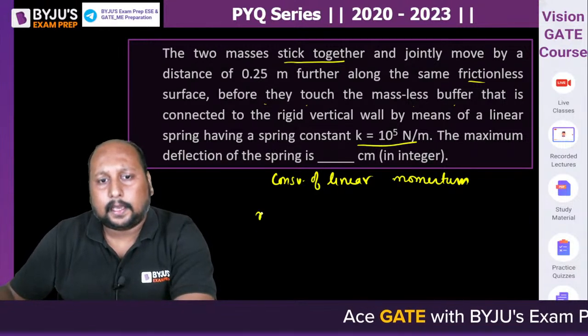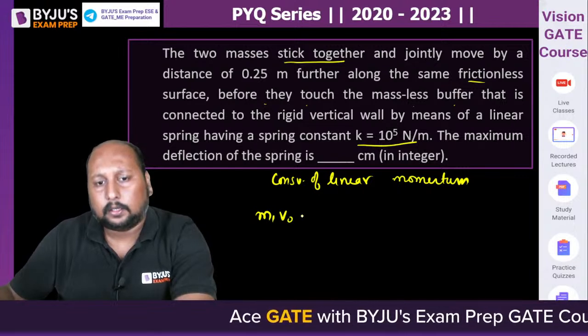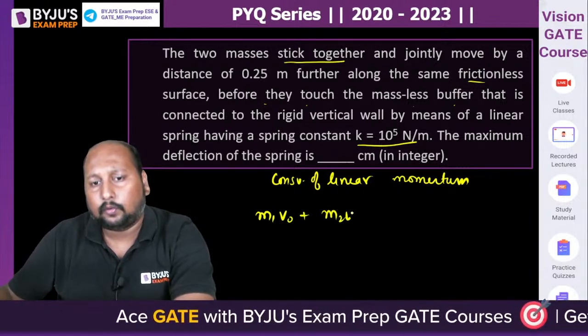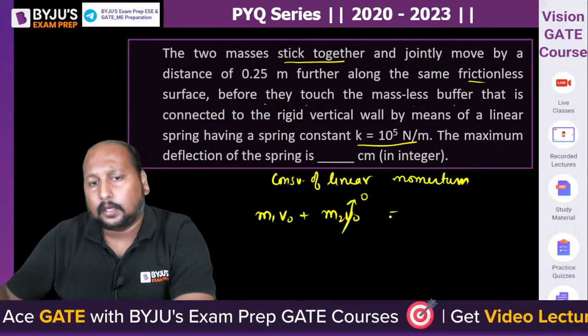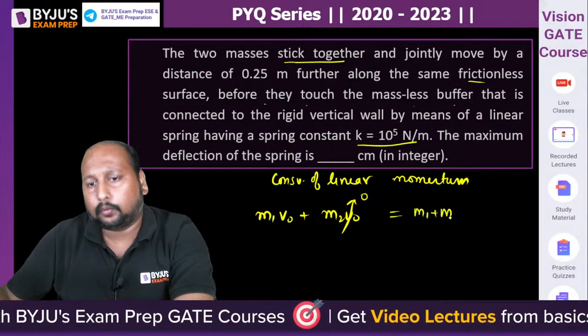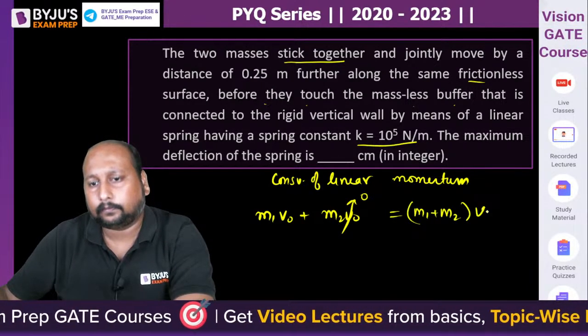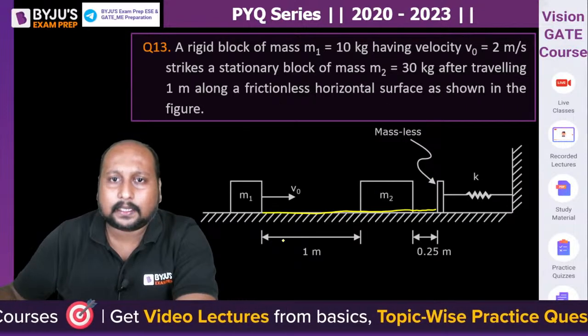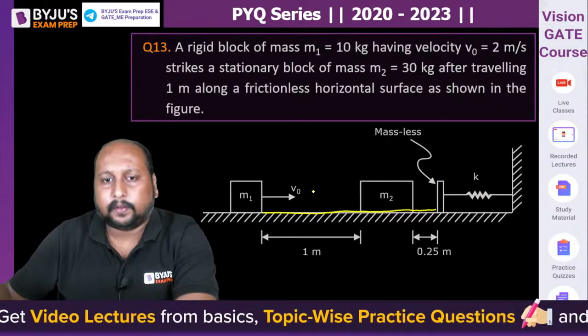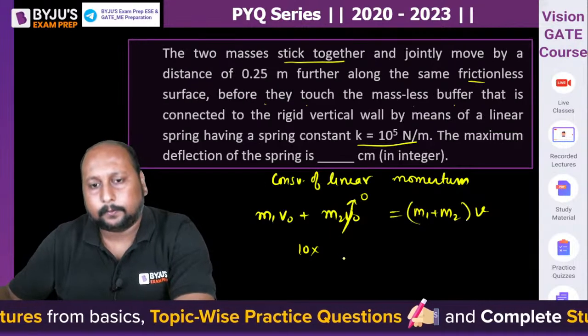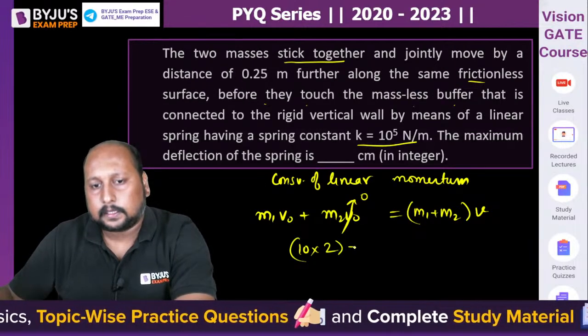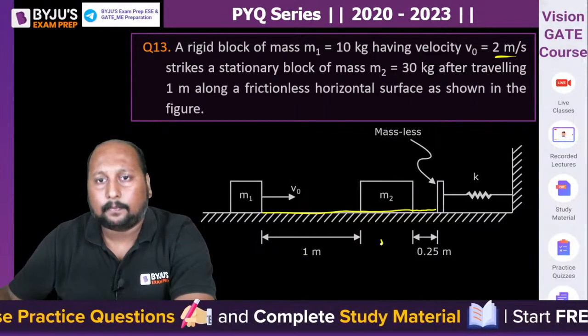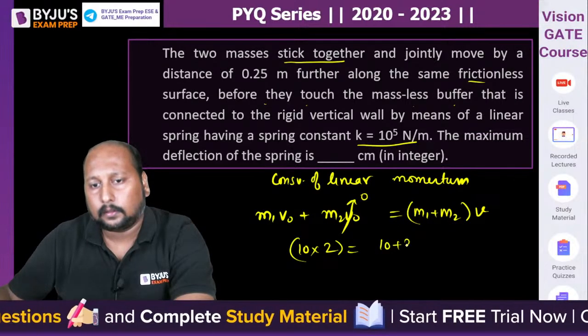So m1 v naught plus m2 v0, this is basically 0, is equal to m1 plus m2 into v. Mass 1 is 10 kg, moving with a velocity of 2 meter per second, is equal to 10 plus 30 into v.